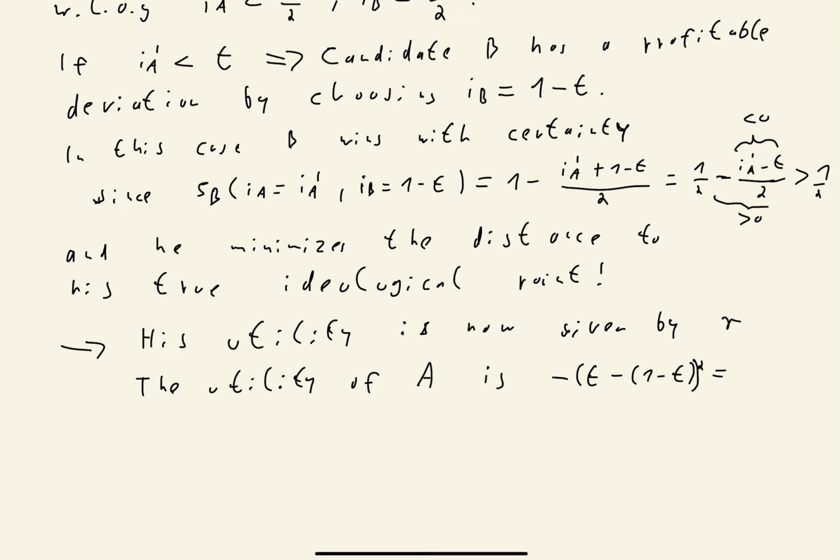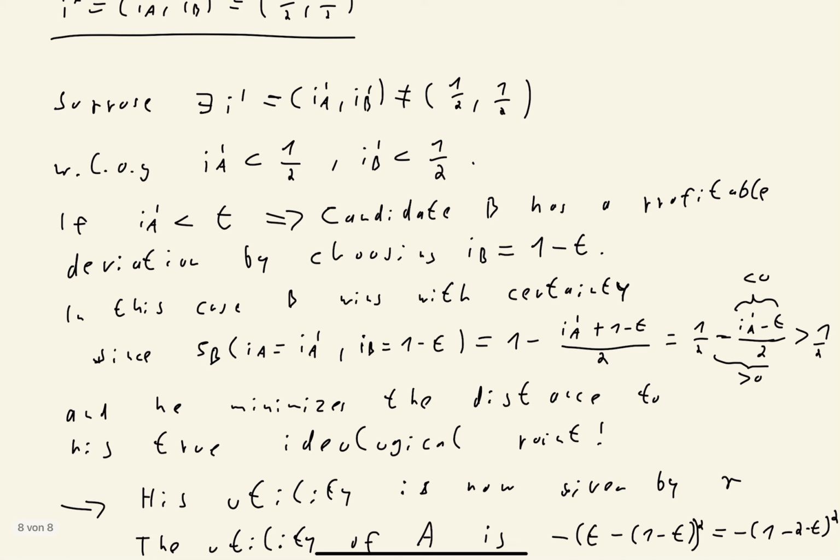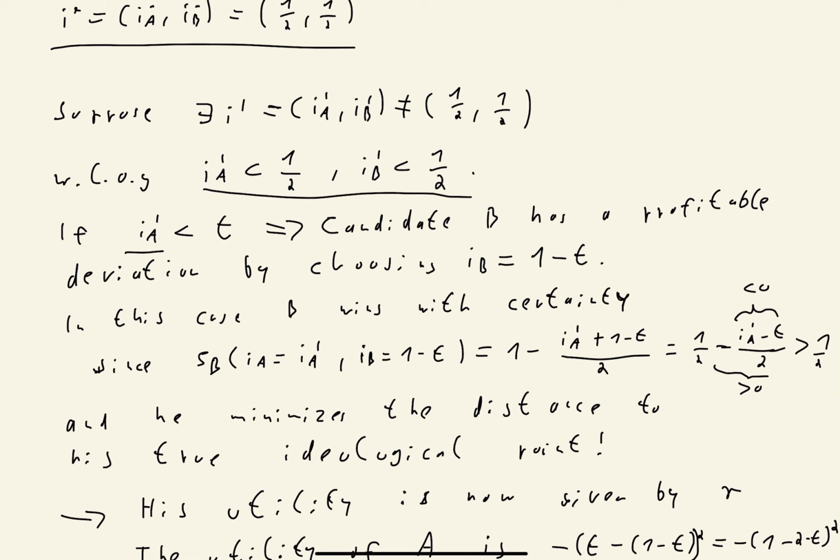And this is equal to minus (1 minus 2t) to the power of 2.